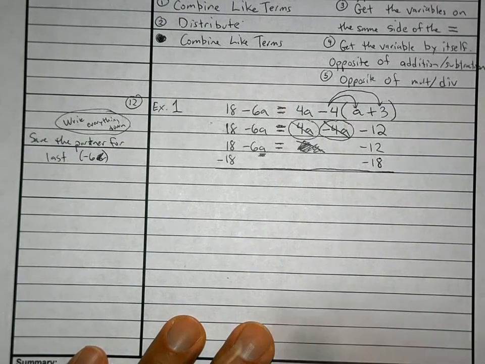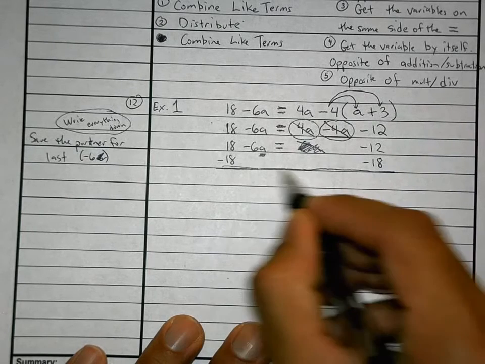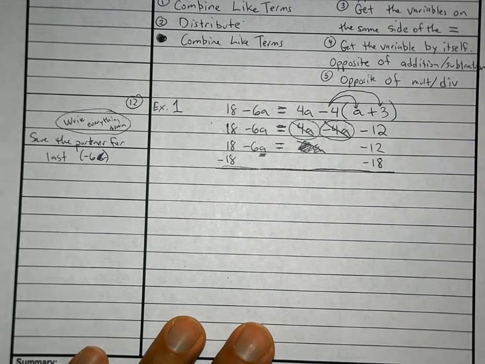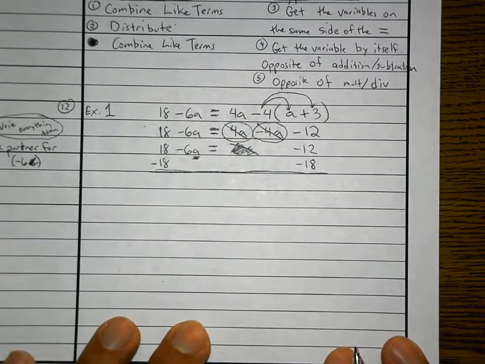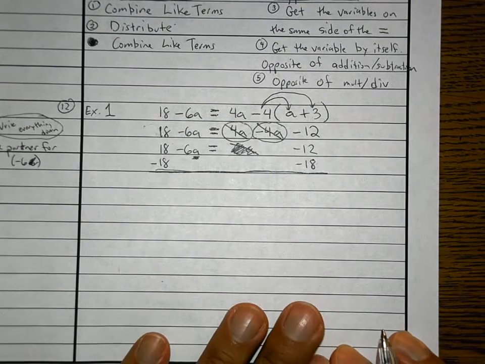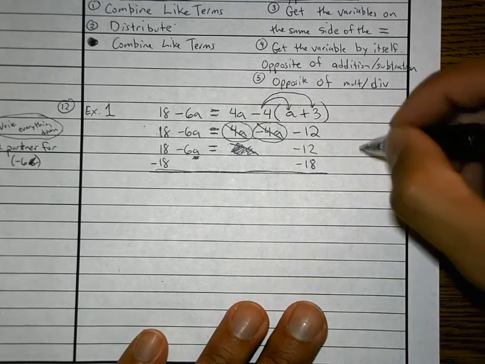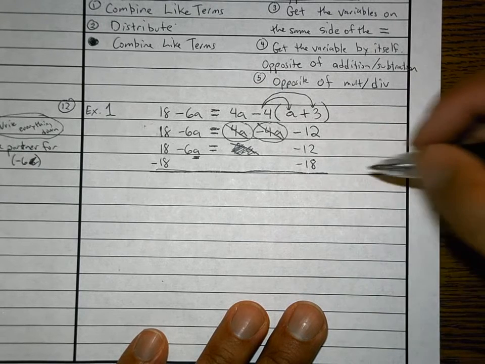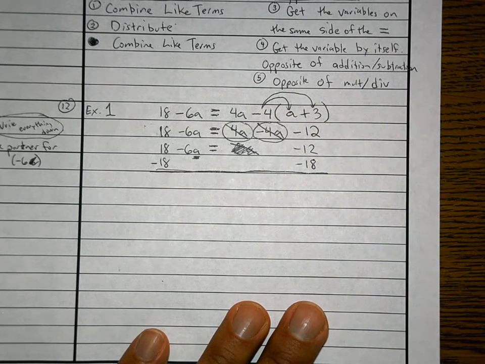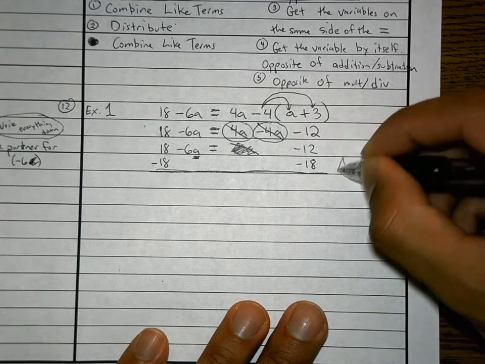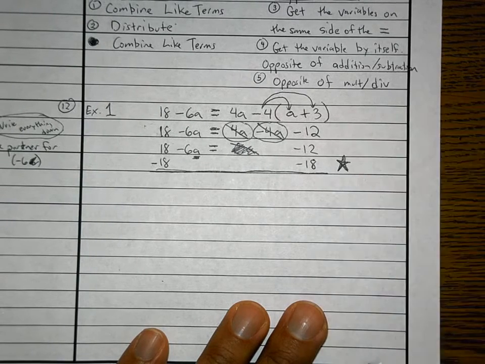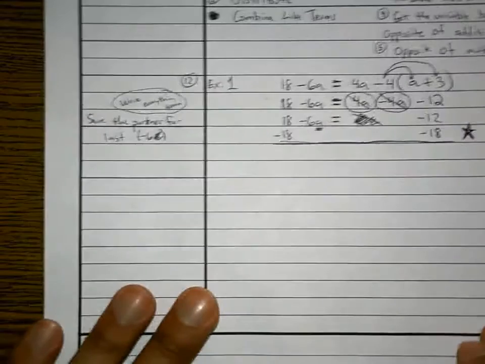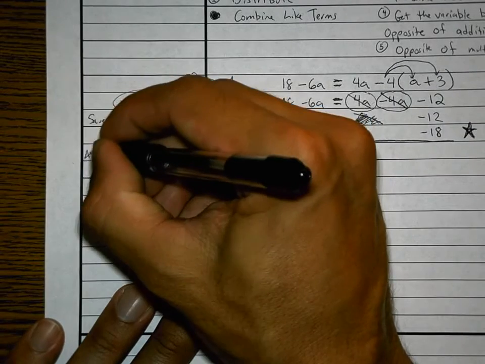And then I'm going to draw this line like this because I'm going to put things together. And we're using a rule of algebra here. We're using a rule that says whatever you do to one side of the equal sign, you do to the other. It is the fundamental principle of algebra. So I'm going to put a little star right here because what we're doing is this.